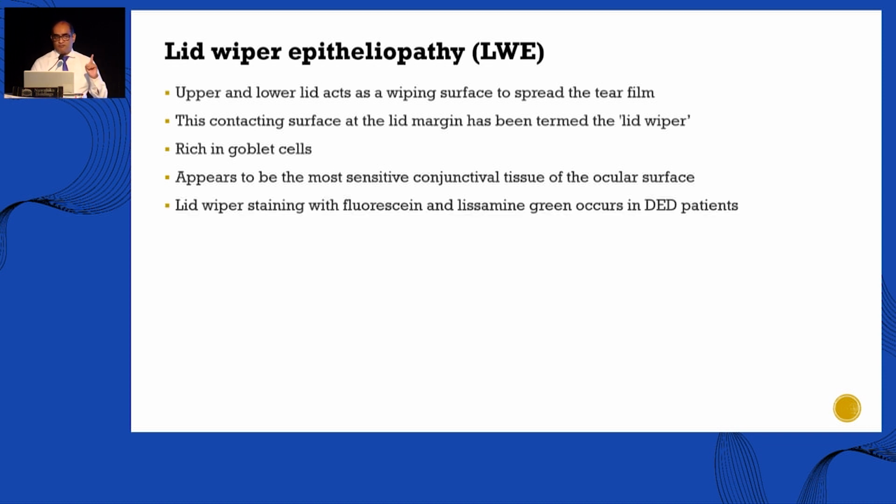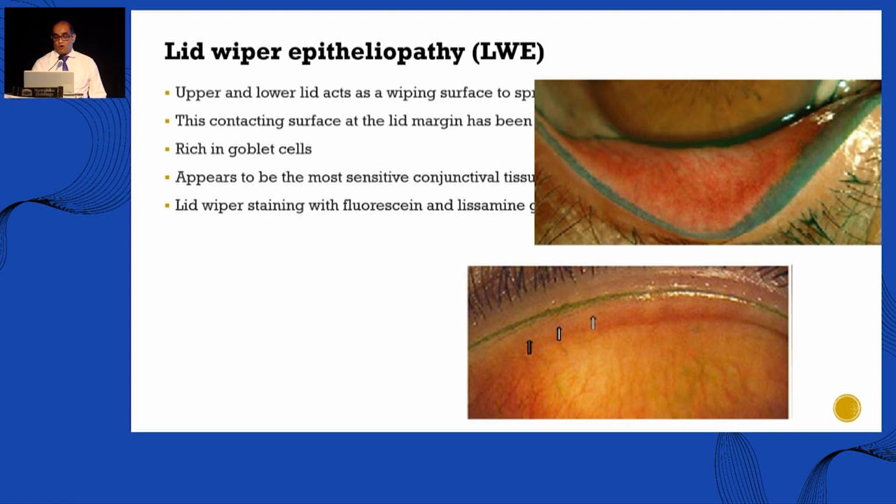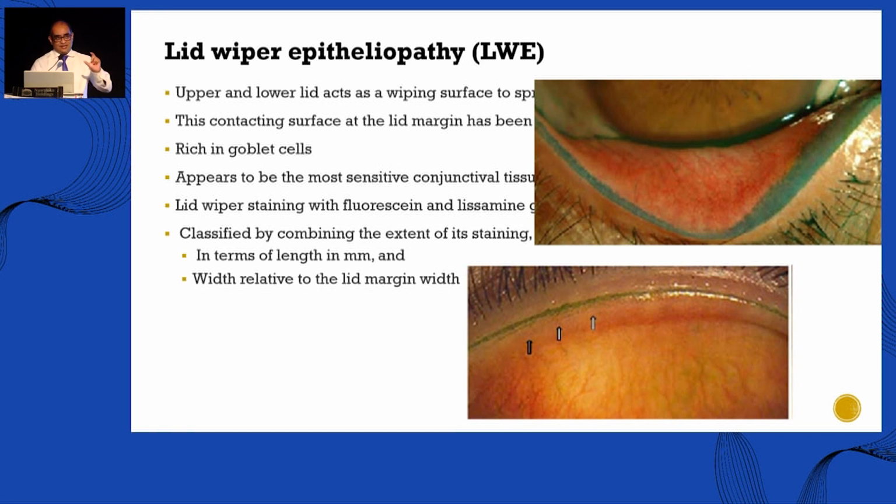Staining of this tissue with fluorescein as well as Lissamine green is identified as a diagnostic tool for determining dry eye. There you can see minor changes, and here the lid margin is obviously stained throughout, and it was assessed by the depth of the staining as well as the length of the staining.